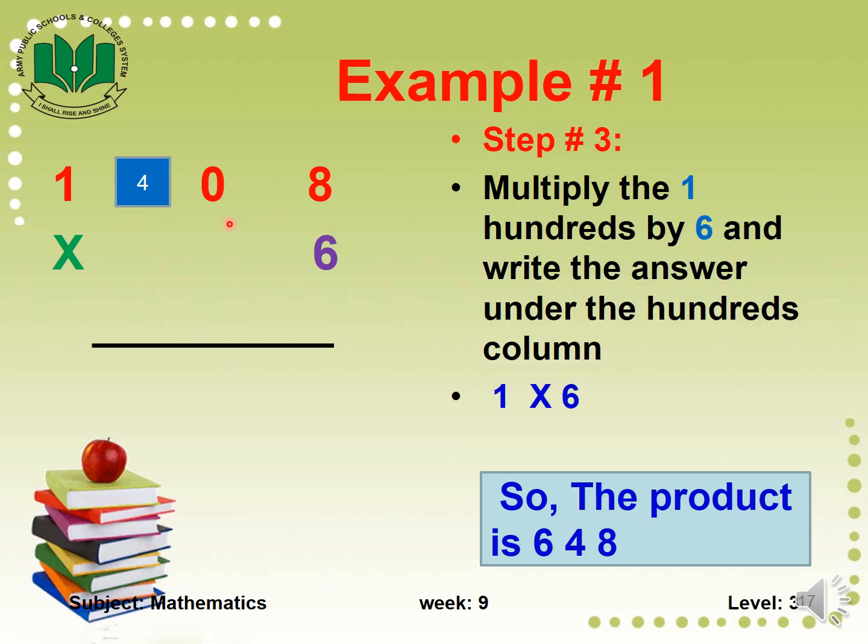Now we will multiply this 1 at 100's place with this number 6. When we multiply 1 with 6, the answer is 6. So we will write the answer under the hundreds column here. The total answer is 648. So we can say the product is 648.